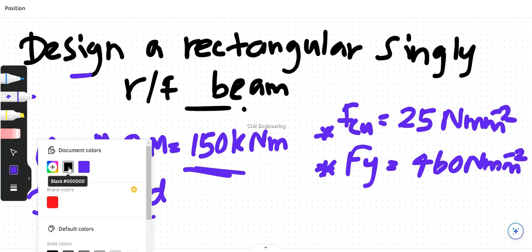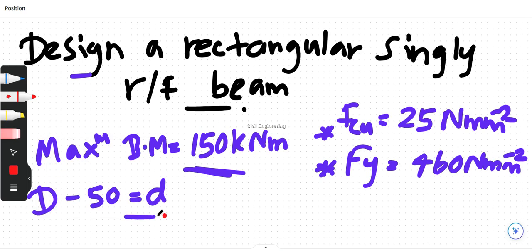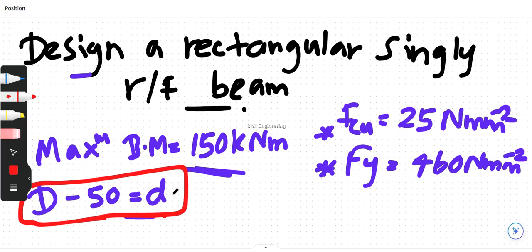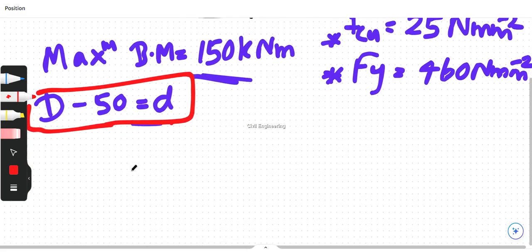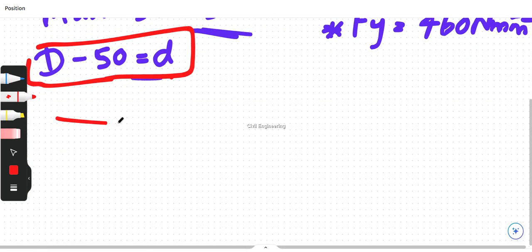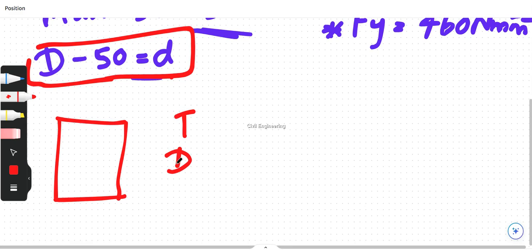And this is about the section dimensions of the section. As this one is rectangular, it's just like this, and the overall depth capital D is 50 millimeters larger than the effective depth.